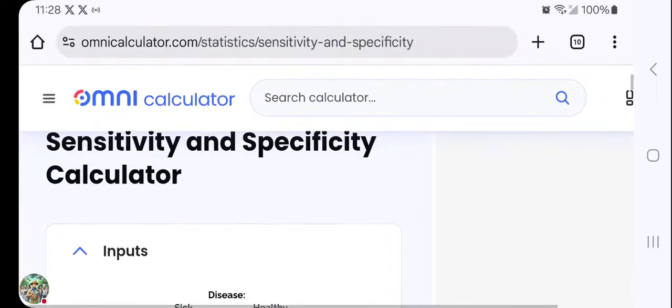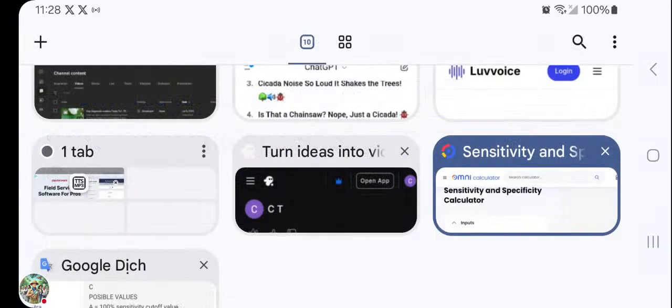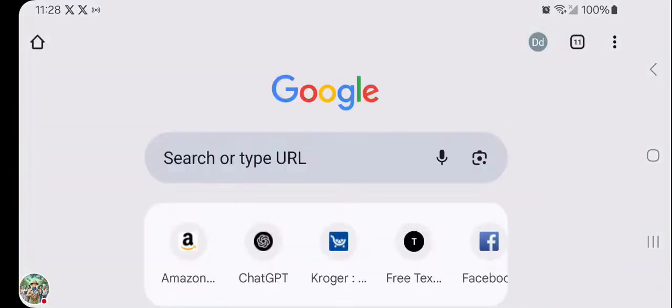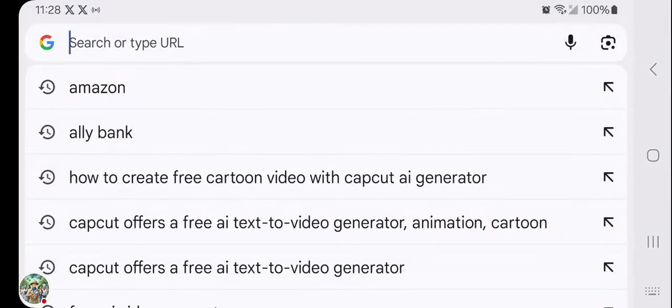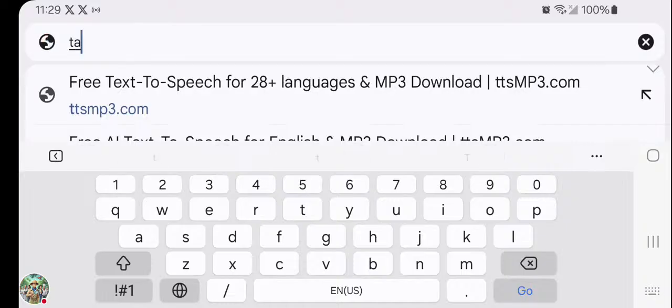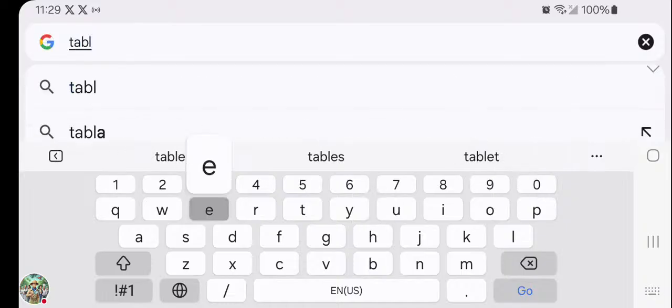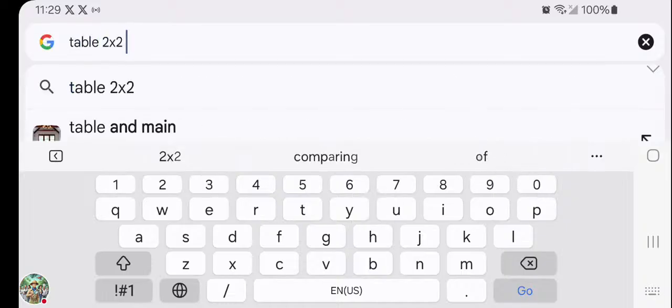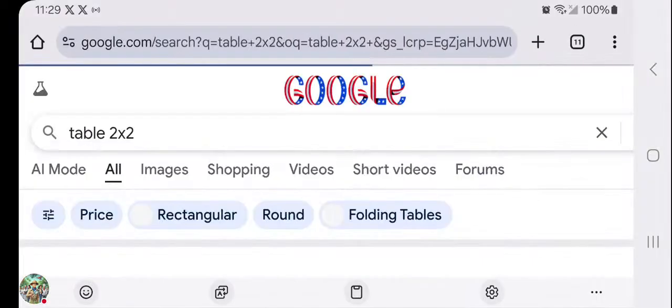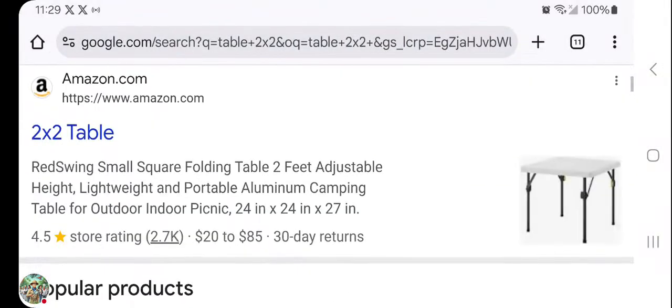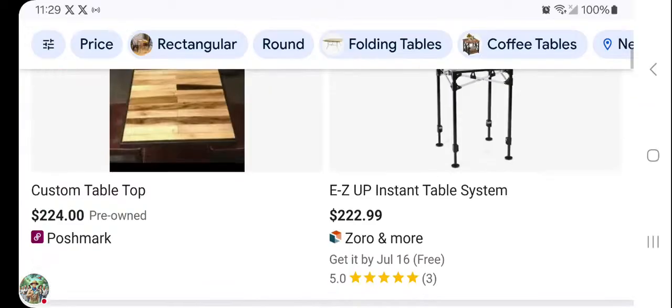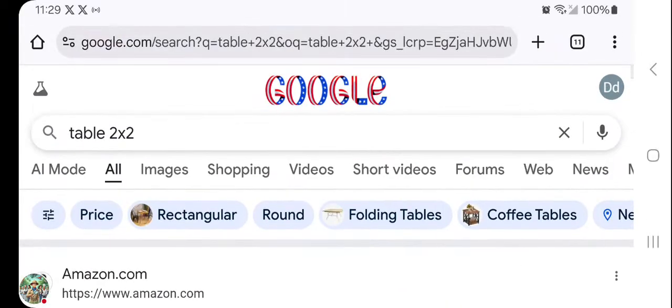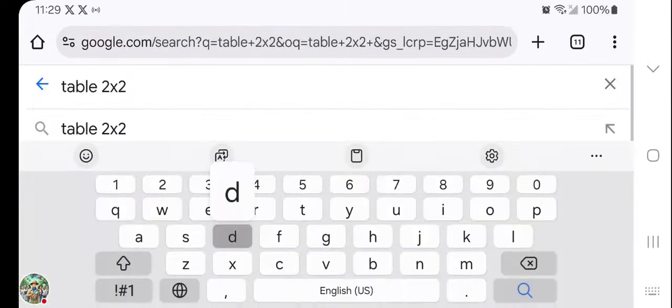Now let's talk about the 2 by 2 table, the diagnostic test table.